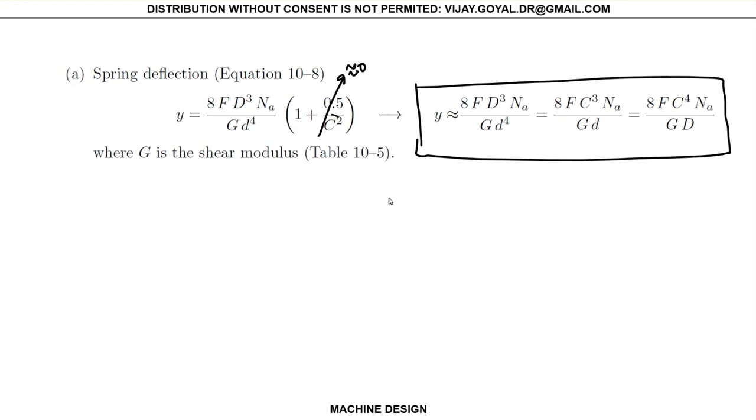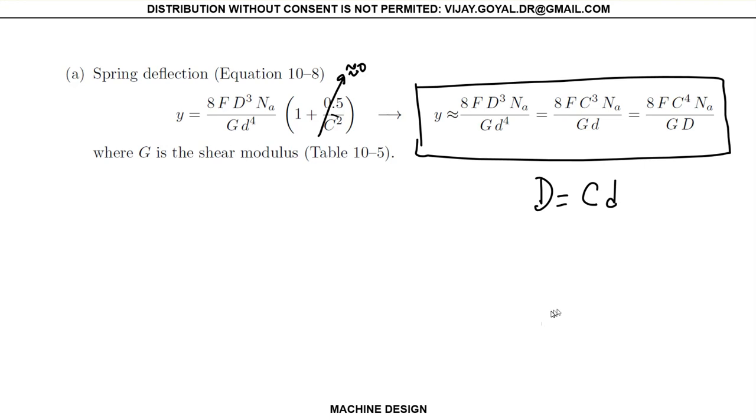If what you had was your mean and your wire diameter, this is maybe a convenient equation. If you had the index and the wire diameter, it may be the convenient expression. If you had the index and the mean diameter, this may be the convenient expression. They're all equivalent. You can derive them using the fact that C, the spring index, is equal to D, the mean diameter, divided by your wire diameter.